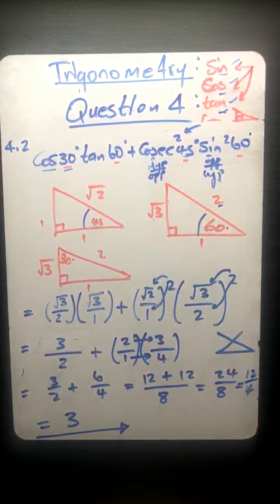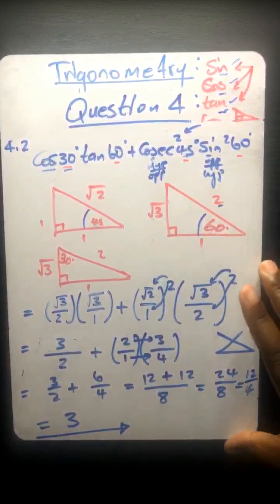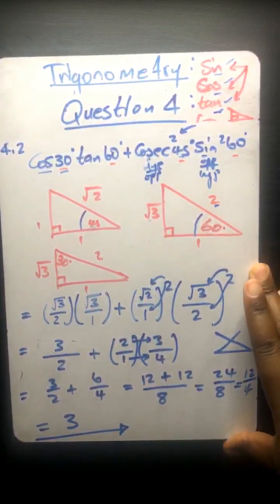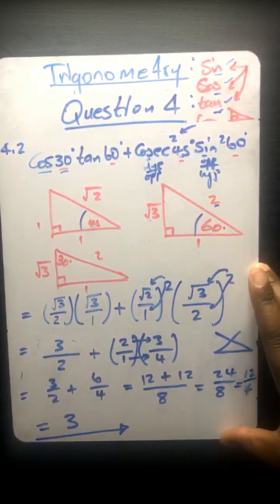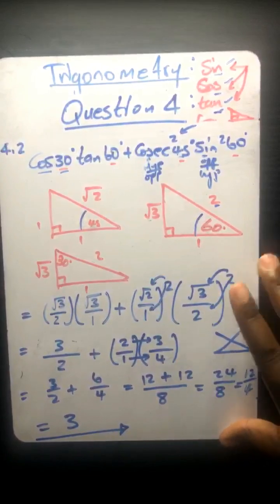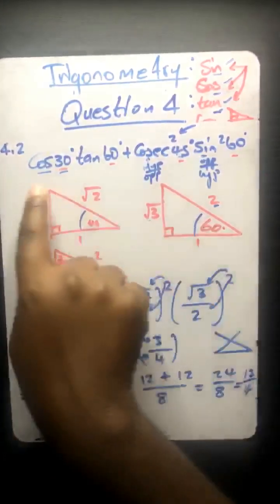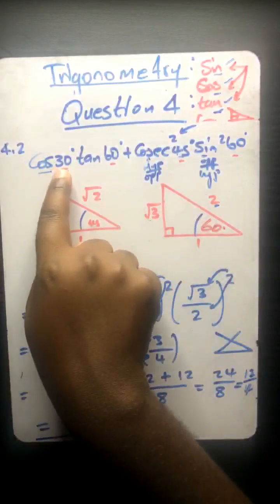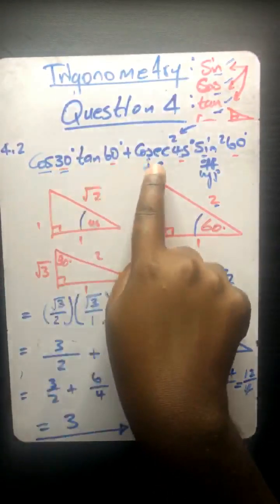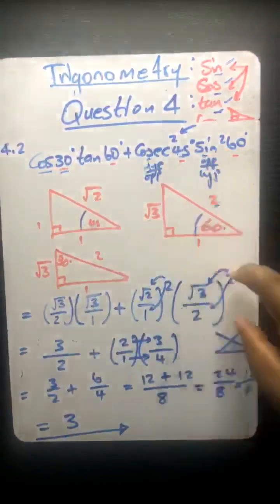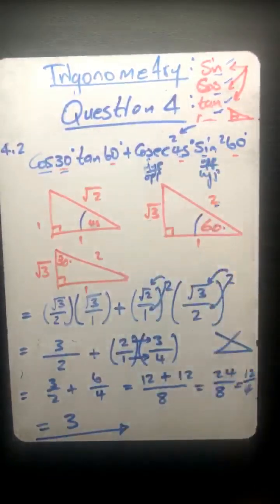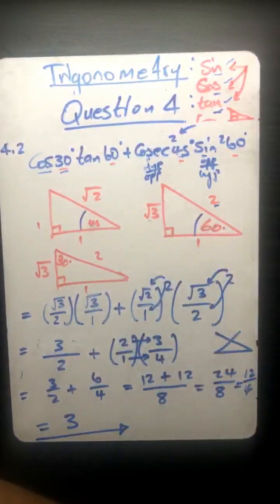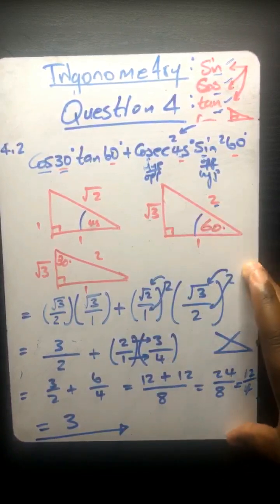What matters the most is that the moment you don't understand trigonometry, I realize it could be because of you not knowing how to work out the ratios. I'm pretty sure that everyone knows the ratio for cos, the ratio for tan, the ratio for cosec. Once you've substituted, going down, that's where it gets difficult. And it's not because grade 12 is difficult, it's because you are not confident with working with the ratios.